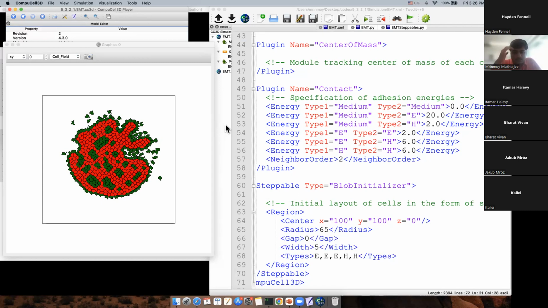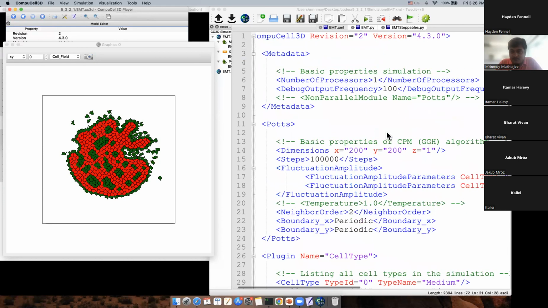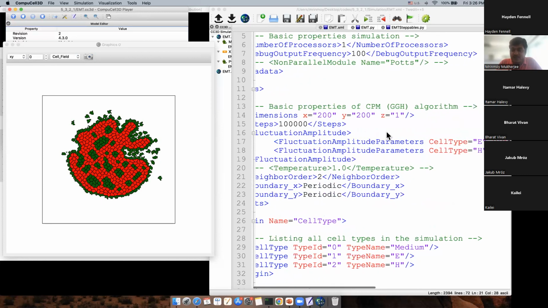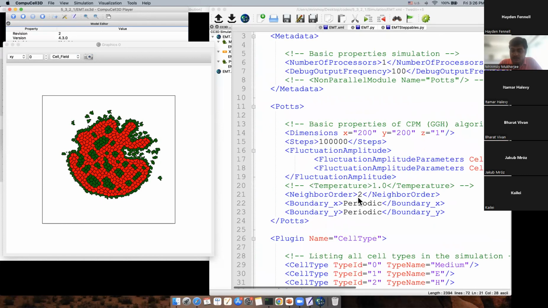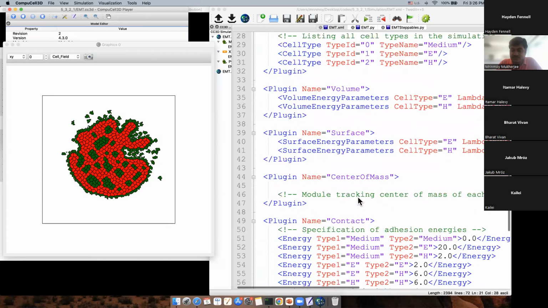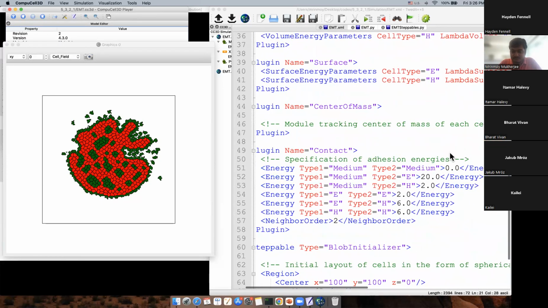So Caleb, I don't know how to pronounce his name, has asked why his cells do not separate. There are two issues that can happen. Just check the fluctuation amplitude of the hybrid cell is as high as 6, and again carefully check the contact energy terms. You really need to put in these numbers.